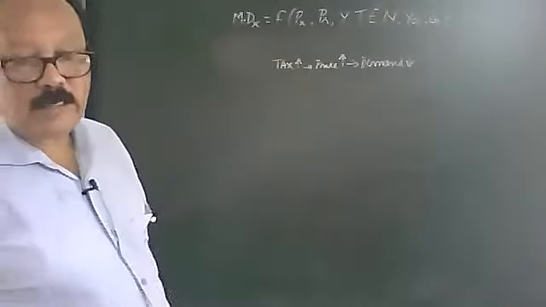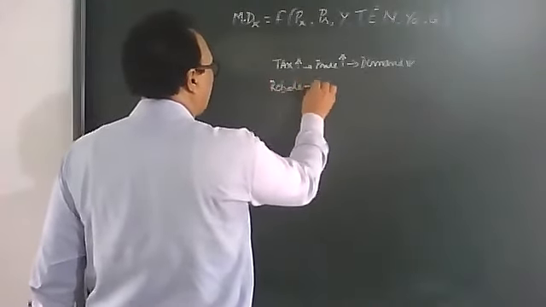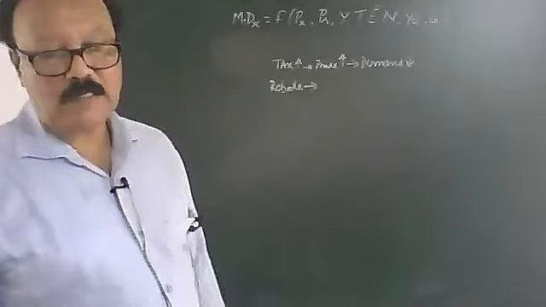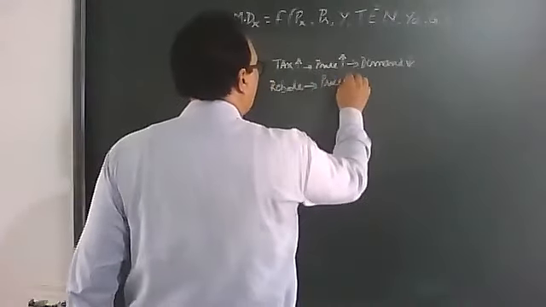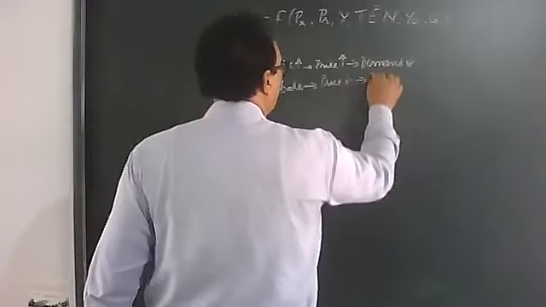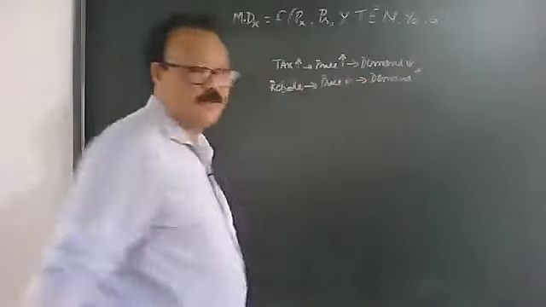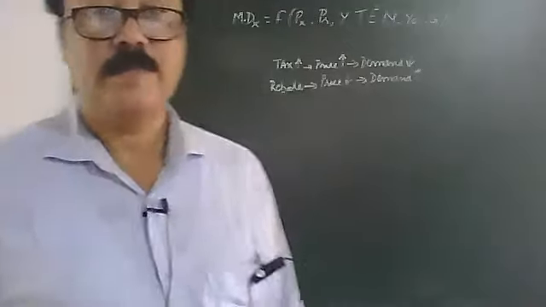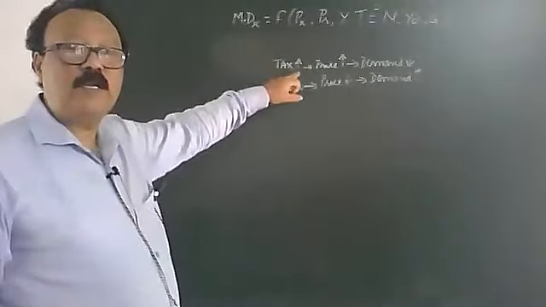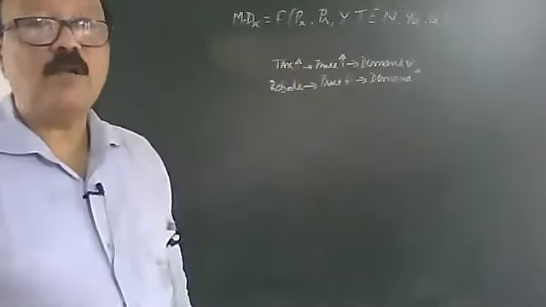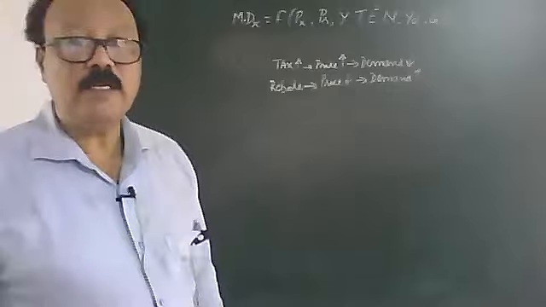What is the opposite of tax? Rebate. If a rebate is given, a rebate is some concession, then price will come down. And if the price comes down, the demand will increase. So we can sum it up in these two lines. When tax increases, price also will increase, and when price increases, demand will decrease.